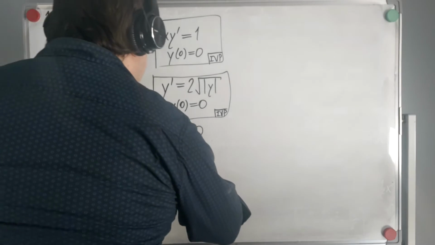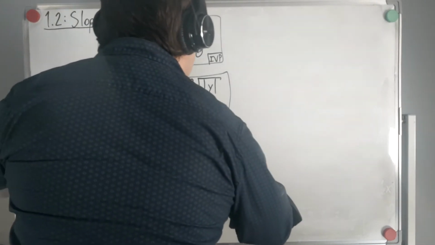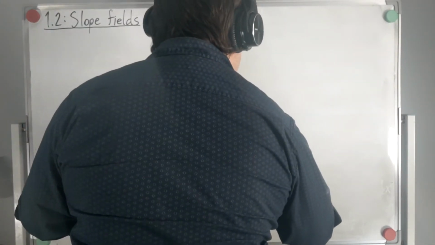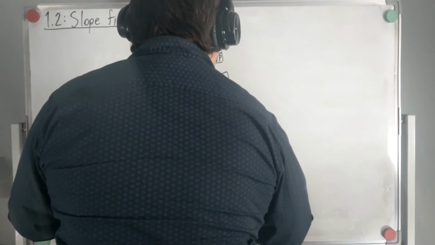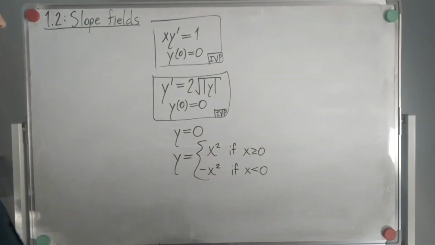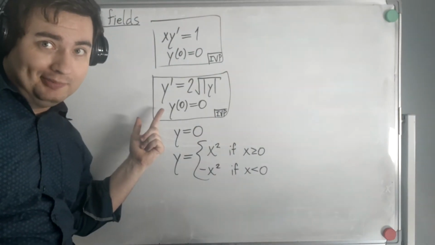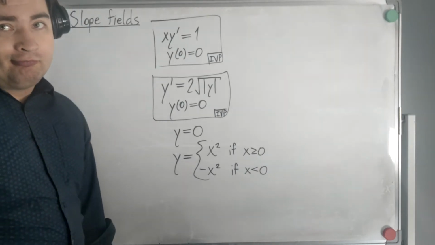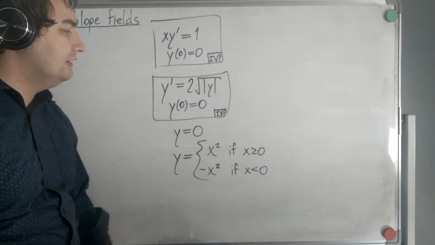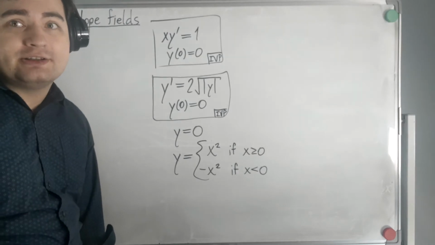The other one would be y equals x squared for x greater than or equal to 0, and negative x squared for x less than 0. Both of these are solutions to this initial value problem. So the world is not perfect. Not every initial value problem has a unique solution. Sometimes it doesn't have any.